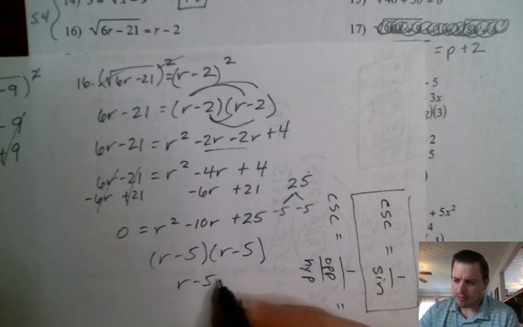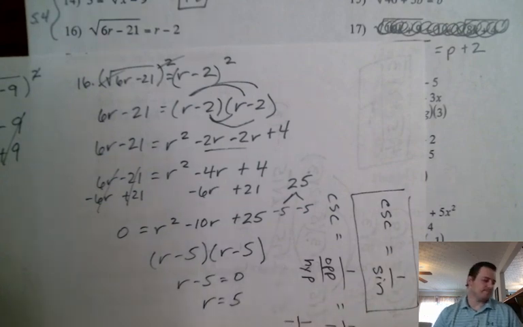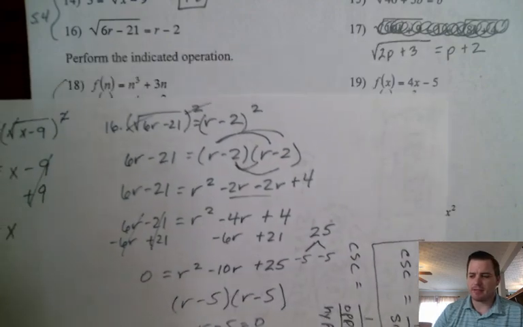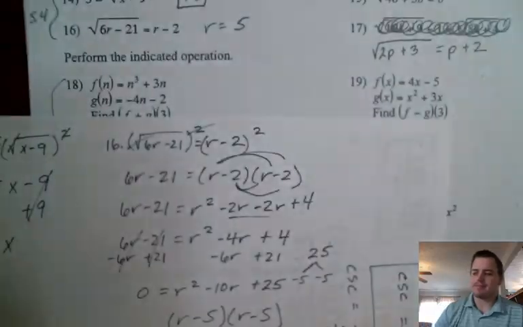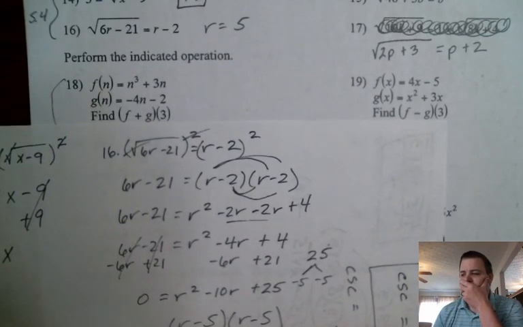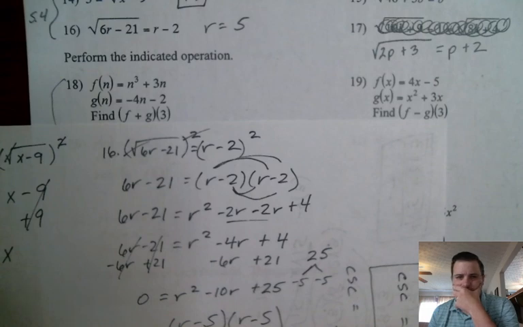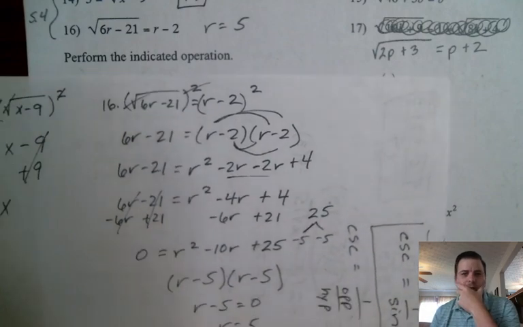And then when we set one of these equal to 0, we just simply say r equals 5. We don't have to say a multiplicity of 2. That only matters on a graph. Since we don't have a graph here, we just say r equals 5. Okay?